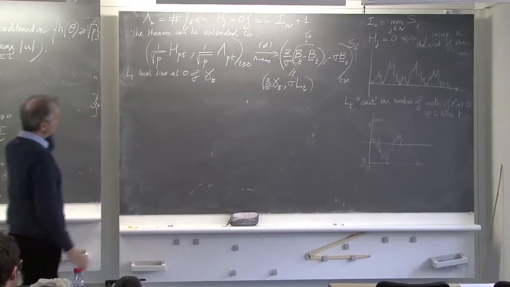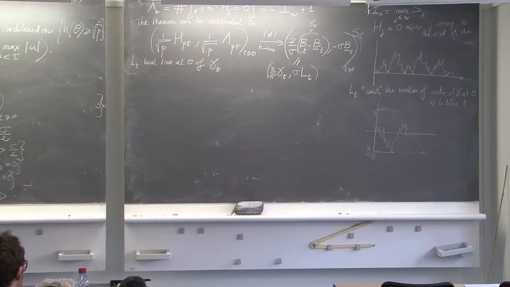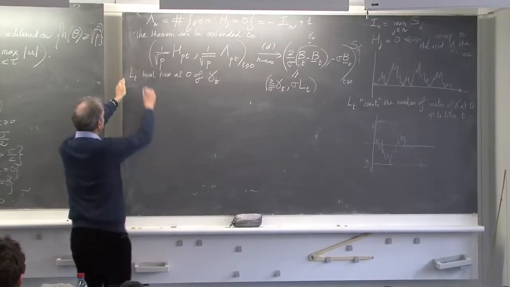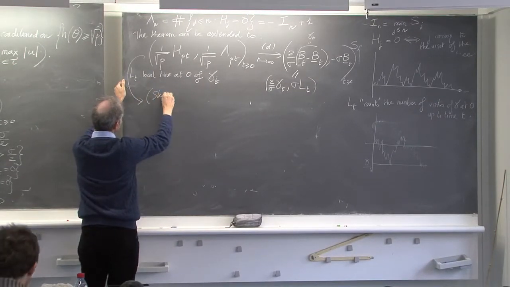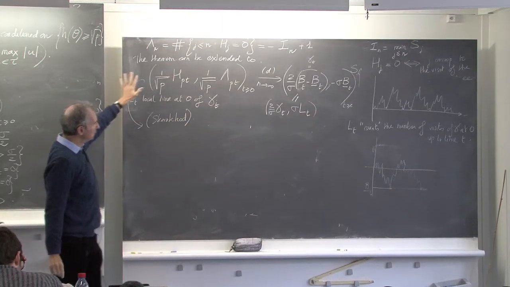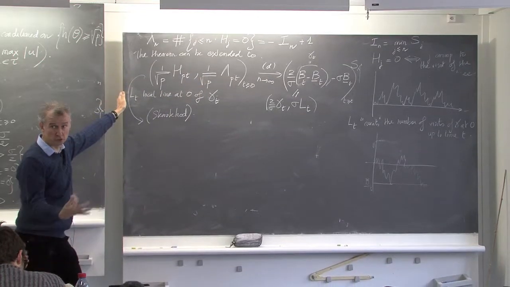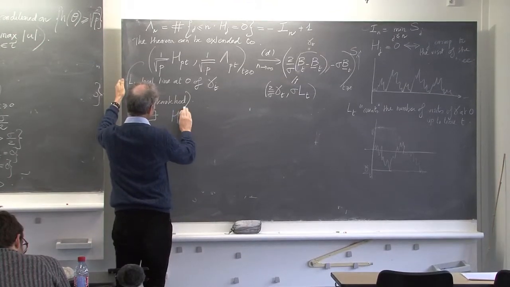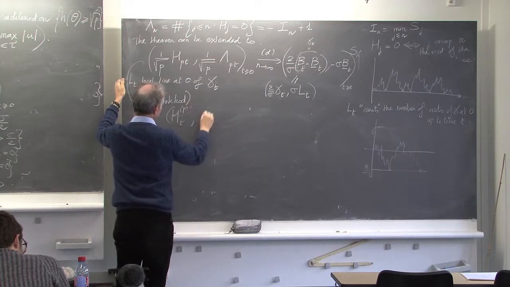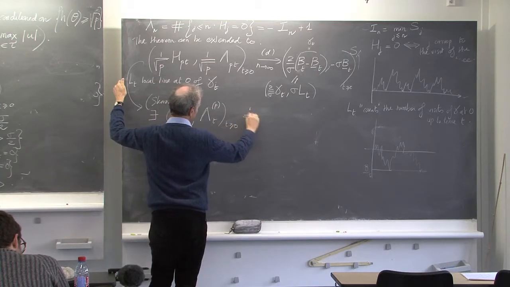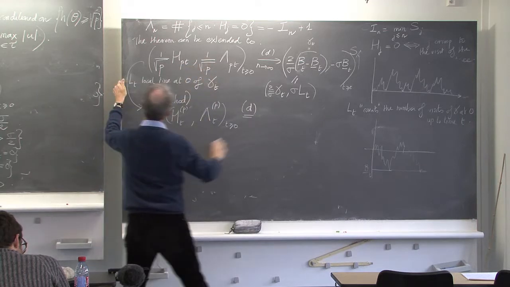So we have this result, and now I'm going to use another ingredient which is often useful in such limit theorems. Each time you have a convergence in distribution, there is a theorem due to Skorokhod which tells you that you can transform this convergence into an almost sure convergence. Meaning that you can find processes, I'm going to denote them by H(p) and another one which I denote by lambda(p), which have the same distribution as this one.